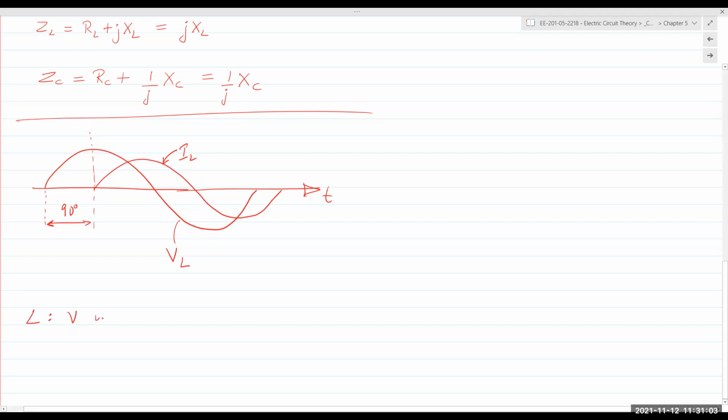So for an inductor, voltage is ahead of I. Now, without going into too much physics or too much detail, that's the explanation. And for a capacitor, I is ahead of V by 90 degrees.